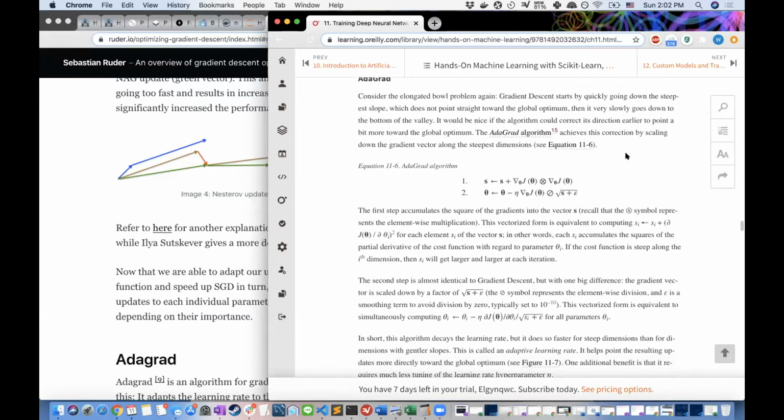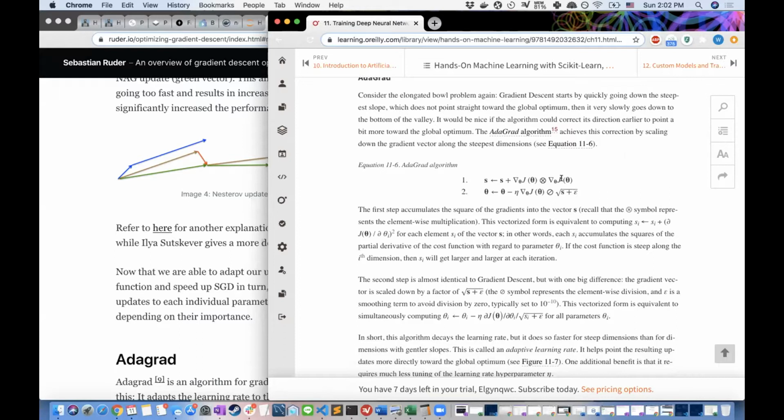And the mathematical equation is quite intuitive. You're just using the square of the gradients plus s, then you take the square root of that, plus the epsilon. And this is an element-wise division sign.